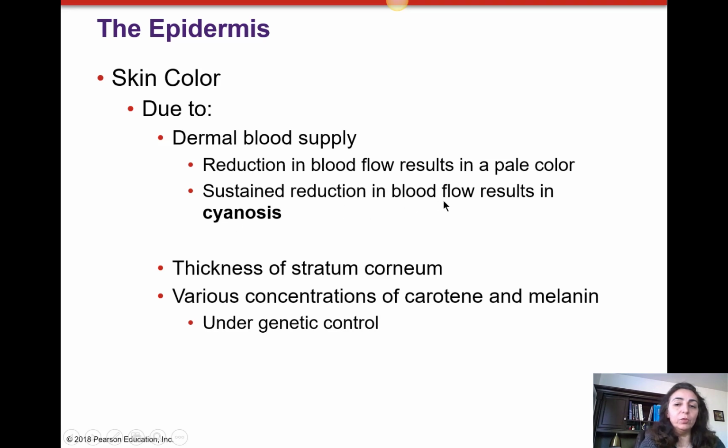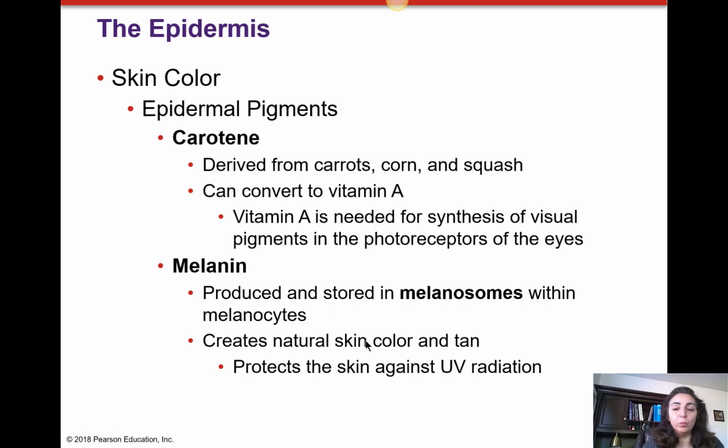Sustained reduction of blood flow results in cyanosis, actually reduction of hemoglobin saturation results in cyanosis. Thickness of the stratum corneum also makes a difference in the color of the skin. Various concentrations of keratin and melanin cause different colors of the skin, and these two are under genetic control, that is, how many melanocytes and how much melanin.